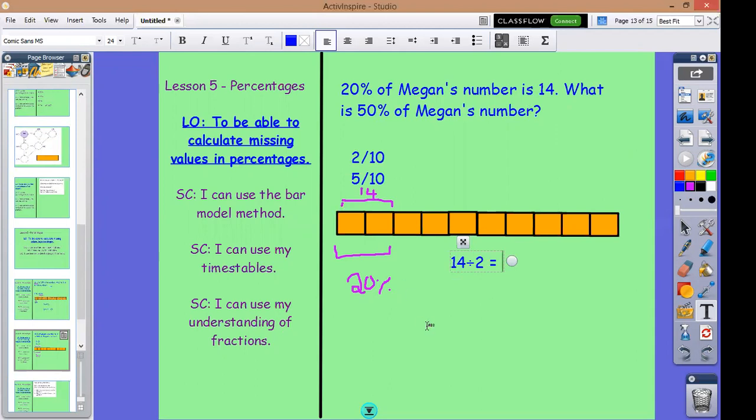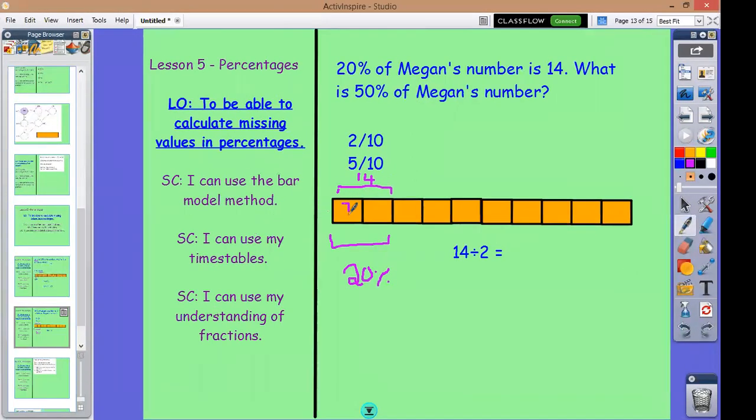Which equals 2/10. What's in the numerator? So now in each box is going to be 7. So, and I could keep going. Now, what is 50% of Megan's number? Okay, so I could do it this way.